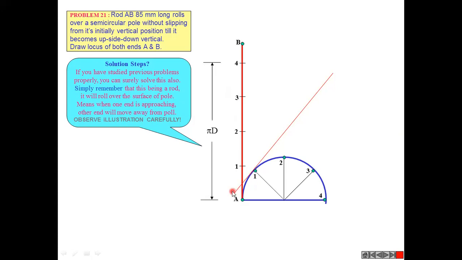How much will this be? And how much will this be? How will we know that? Total we know it is 85. It is given here. But what about this portion and this portion?